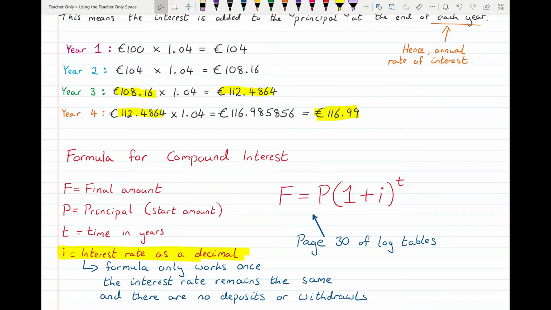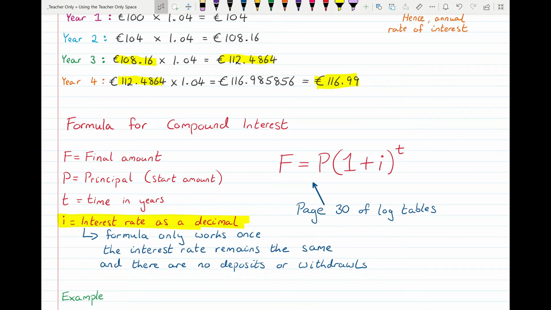T stands for time, how many years are you putting it in for? And I stands for the rate of interest. And this is where it's important that the interest rate is used as a decimal for these calculations. So there's a big difference between putting in your interest rate as 4 or as 0.04. You want to put it in as the 0.04 decimal.